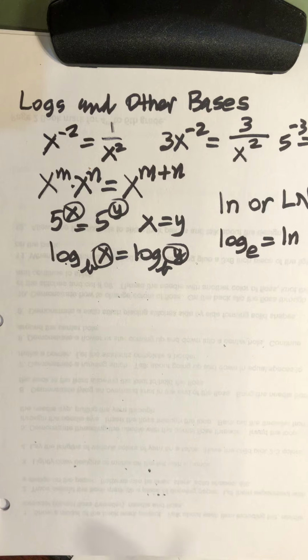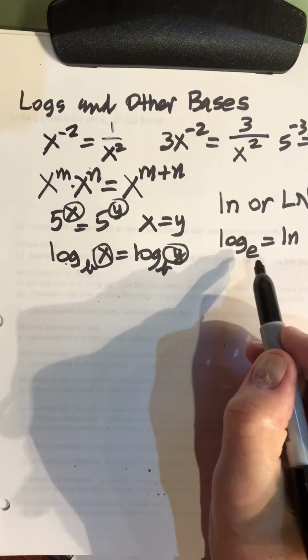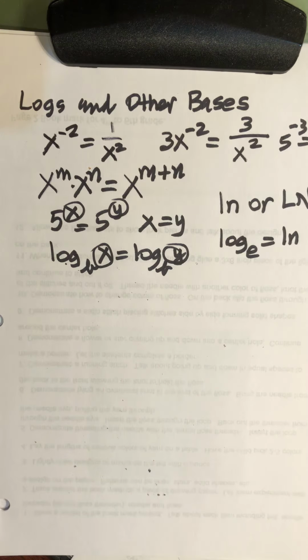So ln means log base e. And remember, e is just a number, 2.718. It's a constant, and of course it's an irrational number, so it continues on without repeating or terminating decimals, but nonetheless it's just a constant number.